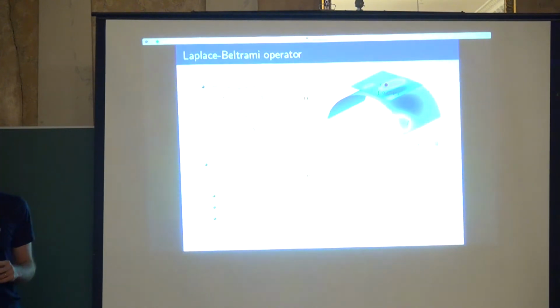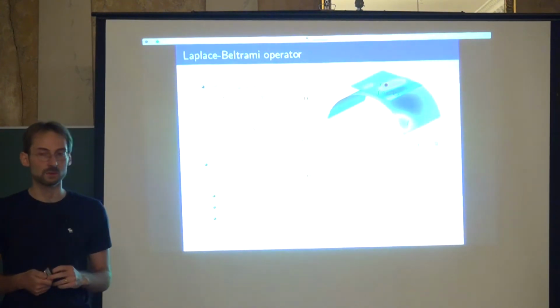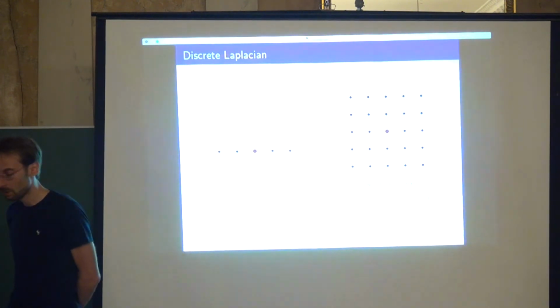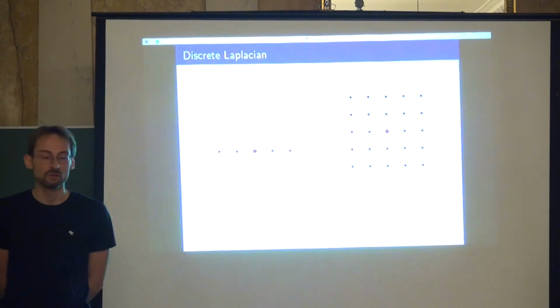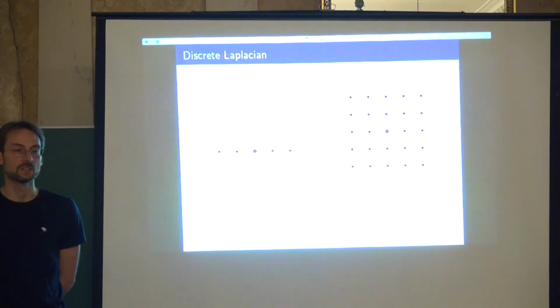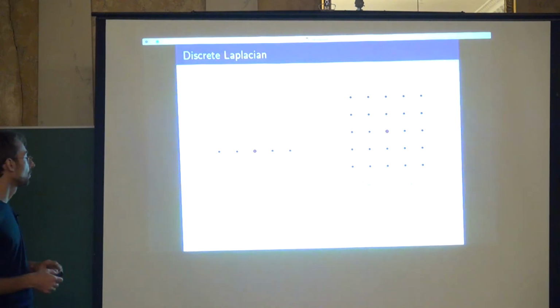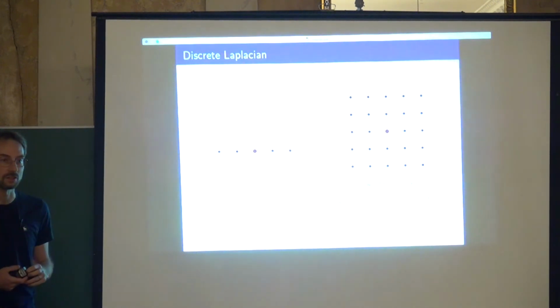And it's positive semi-definite, so it has no negative eigenvalues. We'll talk about it in a second. Okay. Now, it might be easier actually to think of the Laplacian when you think of discrete structures. And at the end of the day, we always work with discrete data, so we don't have anything continuous. So continuous is, let's say, a mathematical definition, and in practice, we need to work with discrete Laplacians.